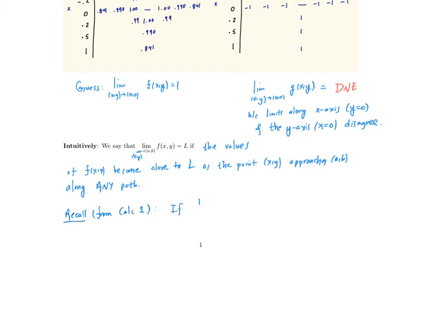A key way of showing that a limit does not exist would be looking at the limit as you approach from the left, and looking at the limit as you approach from the right. And if the limit from the left and the limit from the right disagree with each other, then the limit as x approaches a in general does not exist.